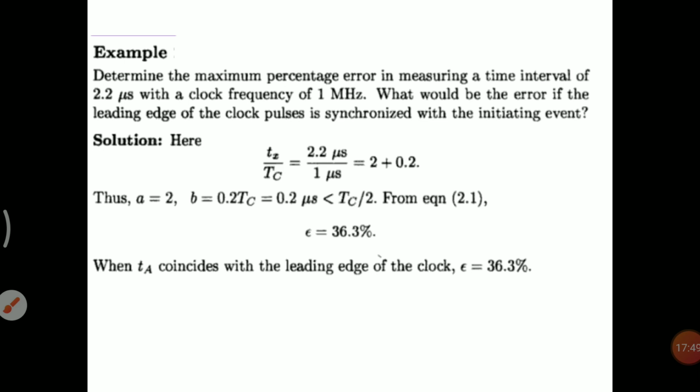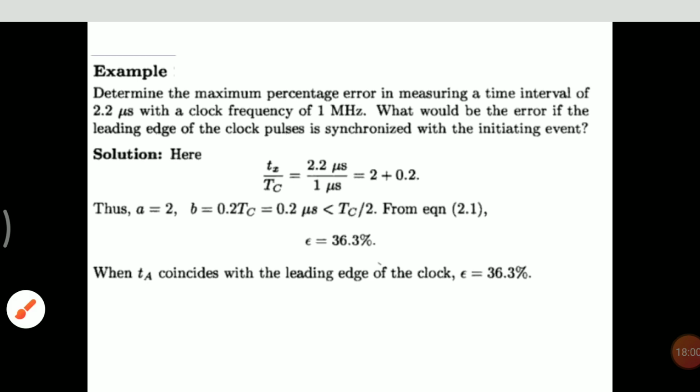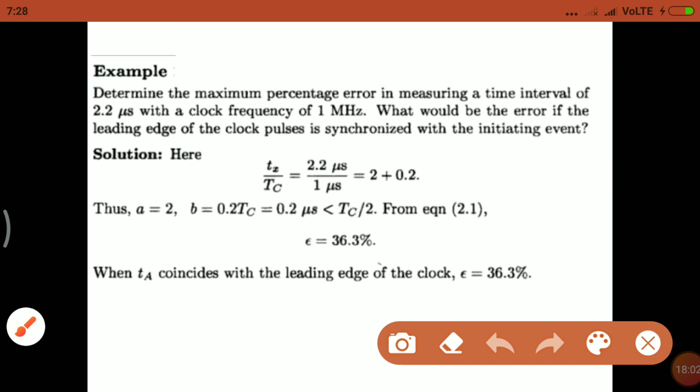Now in this case, we have to find out how much error is generated. The time interval Tx is given as 2.2 microsecond, with clock frequency Fc of 1 megahertz. So in the form of time, Tc is 1 by Fc, that is 1 microsecond.